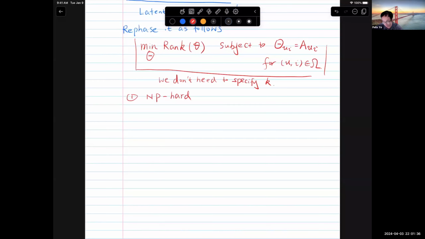And also, here I want exact matchings, that my theta ui equals A ui. But in practice, you won't get exact matchings.